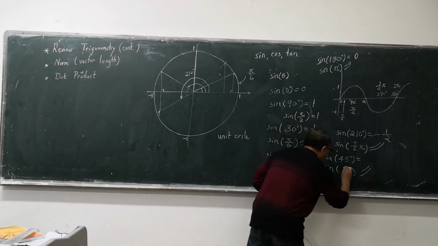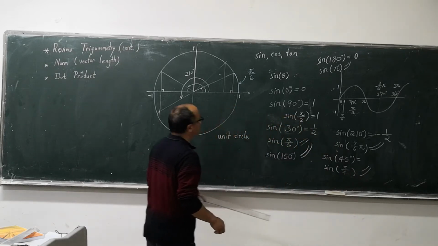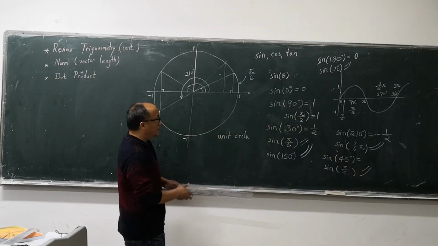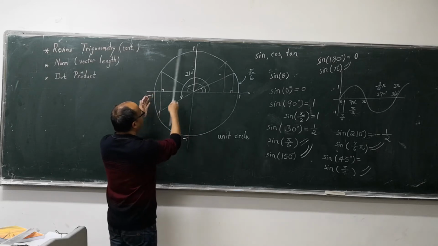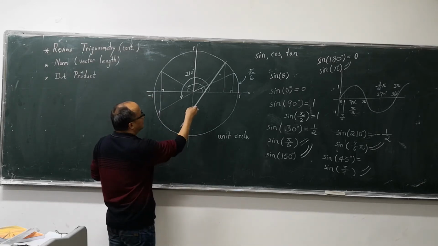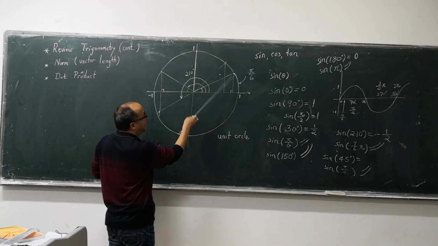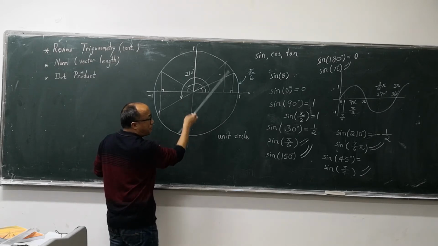Pi by 4. This is a pi, so there are 4 parts. This is a half pi. This is a half pi. The middle is pi by 4.